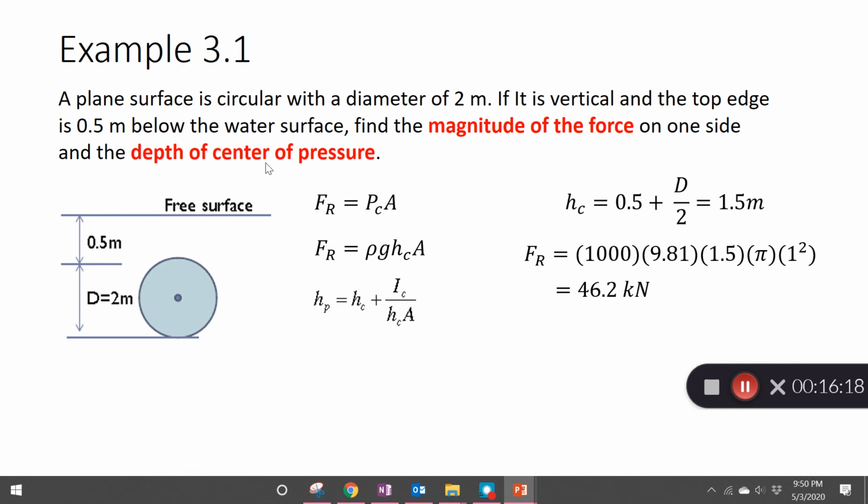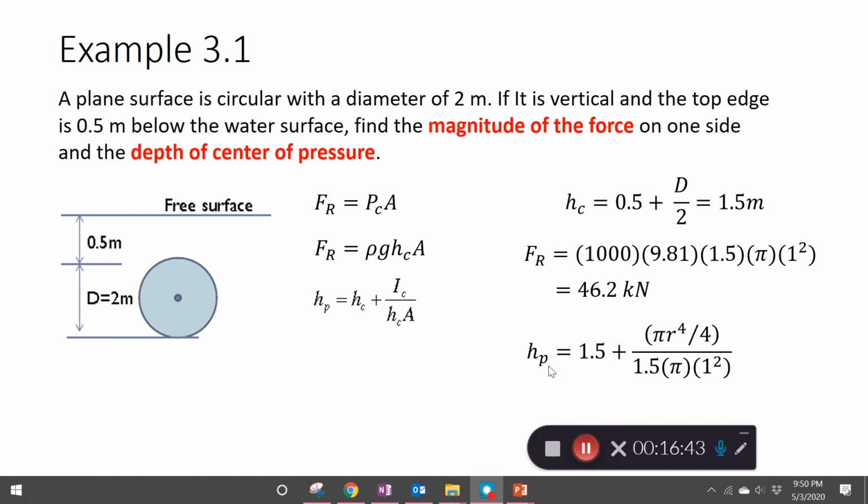Now the CP, you can just use this equation because remember, HP is the height of the CP from the free surface. Okay, so I repeat that HP is the height of the CP point from the free surface. So you just substitute the values.